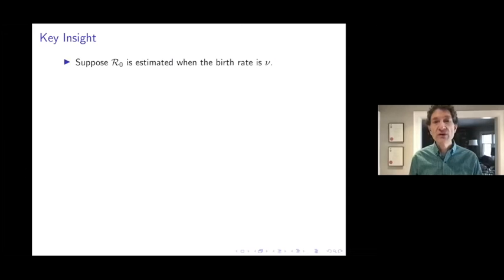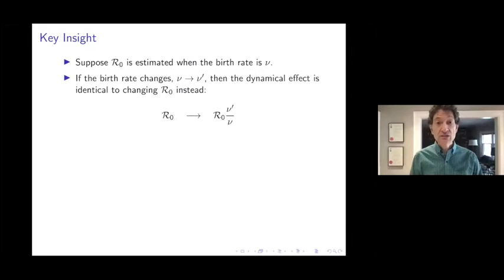So if you imagine that you estimated R0 at a time when the birth rate in the population was ν, say, it turns out that if the birth rate changes, say to ν′, then the dynamical effect, that is the pattern of recurrent epidemics that you see, is equivalent to if you had changed R0 to R0 times ν′ over ν. And that's easy to prove just from a scaling transformation and then looking at the equations.